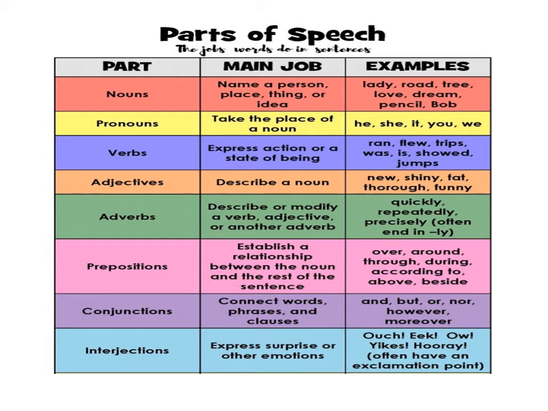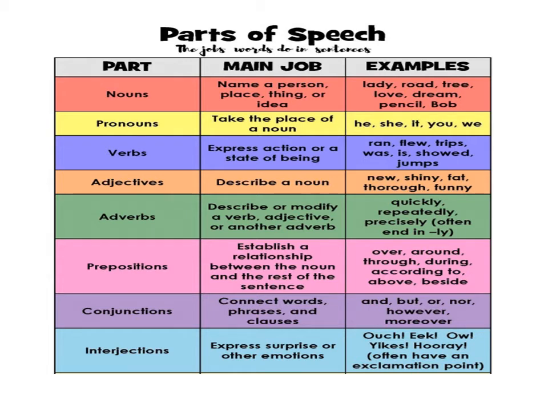The next part of speech that we are going to discuss is adjectives. Adjectives are called describing words because they describe a noun or a pronoun in a sentence. They basically give you more information about a noun. Example: new, shiny, fat, thorough, funny.